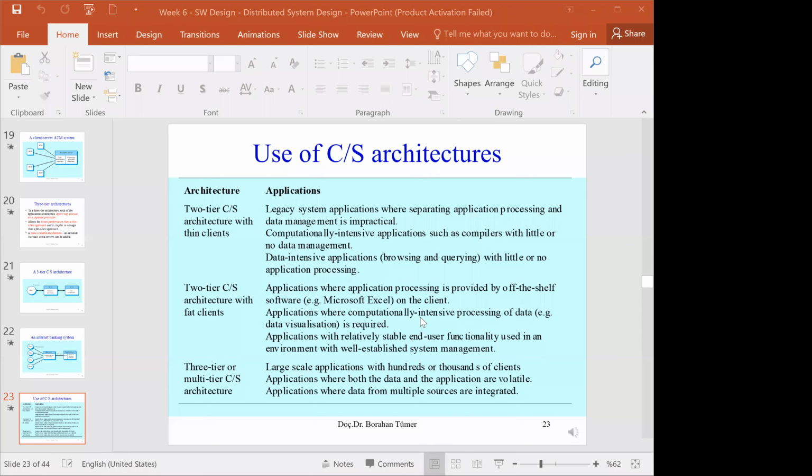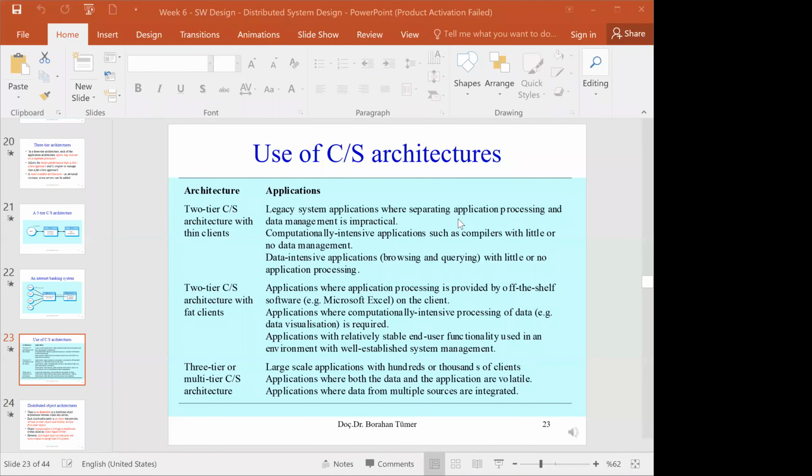We have discussed and compared thin clients, fat clients, and three-tier architectures from the viewpoint of different system properties such as performance, maintainability, scalability, and security, at least. Okay. Now I will go to the next.